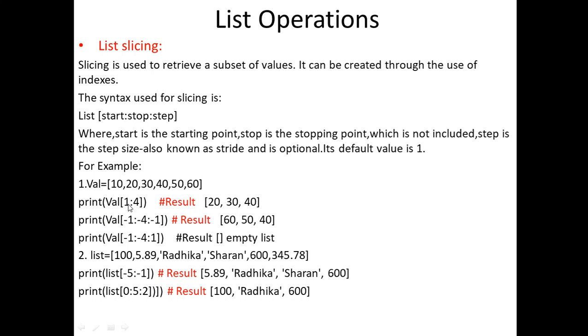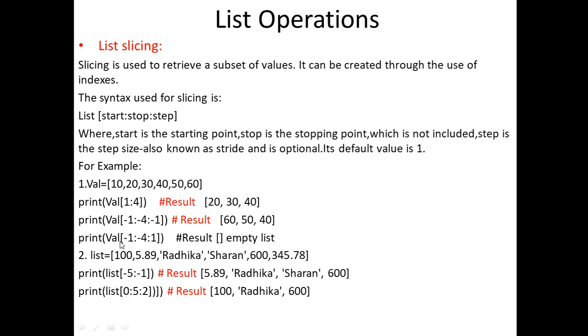This is the way to extract or retrieve a subset of the list items. So 10, 20, 30, 40, 50, 60 are the elements, and each operation will be performed on this, and the output is given simultaneously. [-1:-4:-1] will start extracting elements from the -1 position till -4. So -4 is 30, and less than -4 means up to -3. So it will extract 60, 50, 40 in that way.